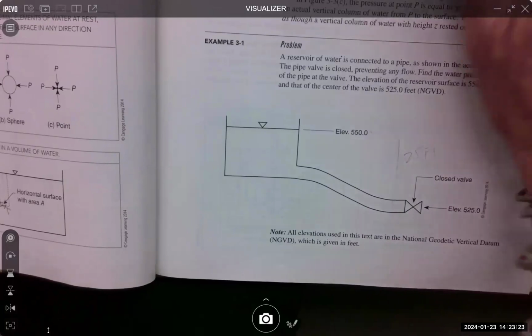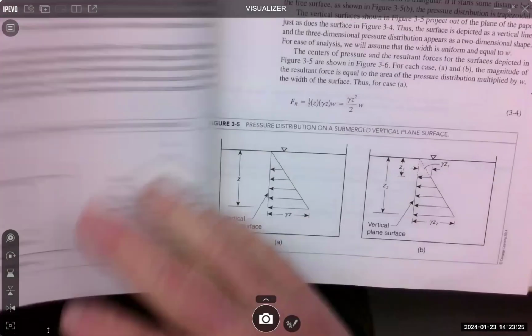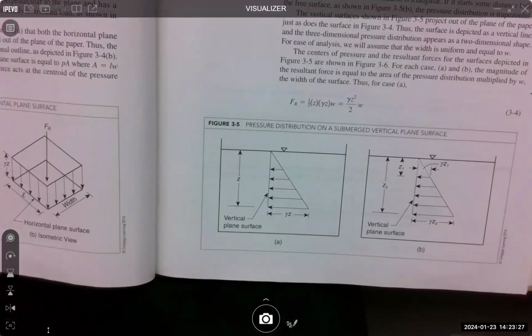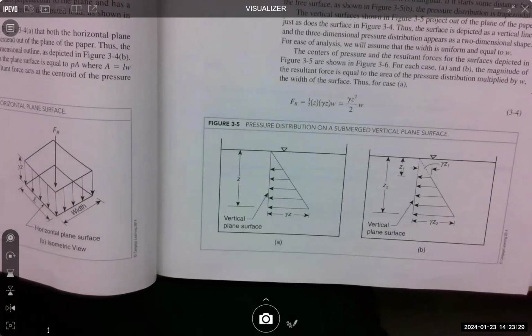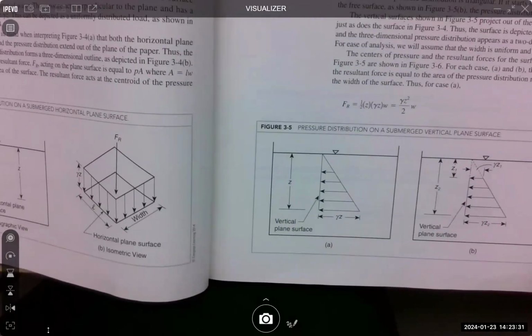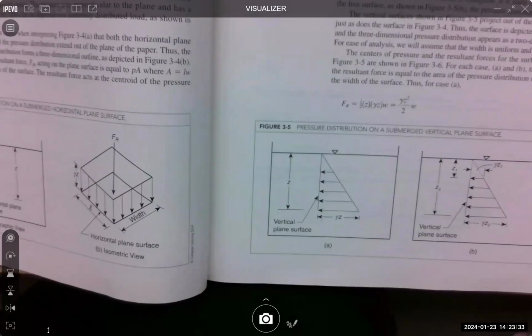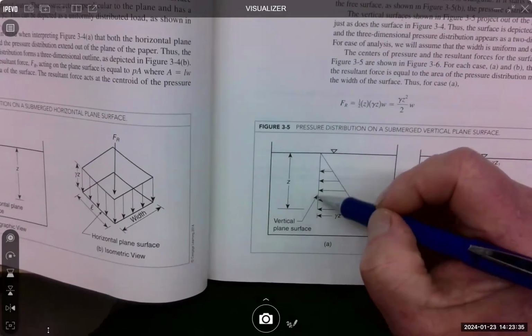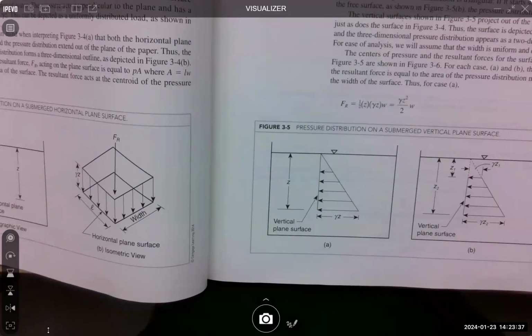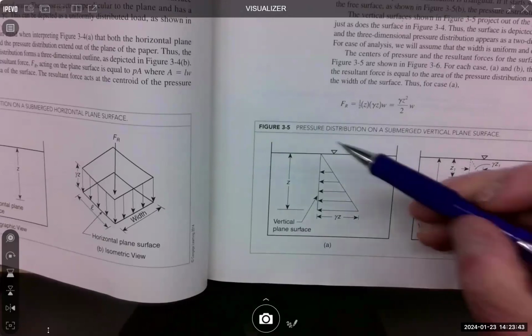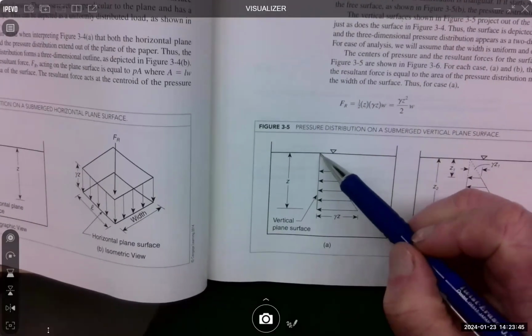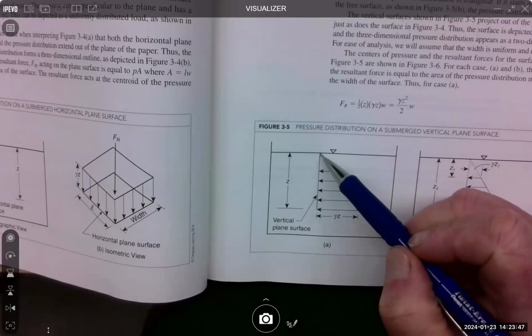It's a little different. The next thing they do is they start talking about submerged objects. So if you have an object that is at the top of the surface, this is a vertical plane, kind of like a gate or a dam, right? We have a lot of vertical surfaces. The pressure at the very top, the hydrostatic pressure, is zero.